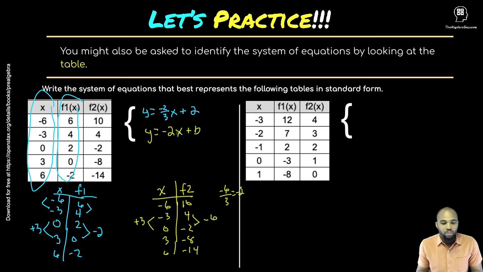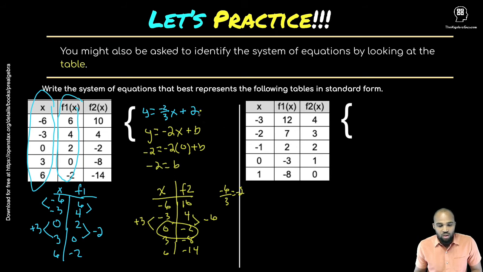I'm going to plug 1 point in. So let's take one of the points from here. And 0, -2 looks pretty easy. So in place of y, I'm going to put -2. Then -2 times my x, which is 0 here, plus b. And I didn't realize that, I already got it. So b equals -2.